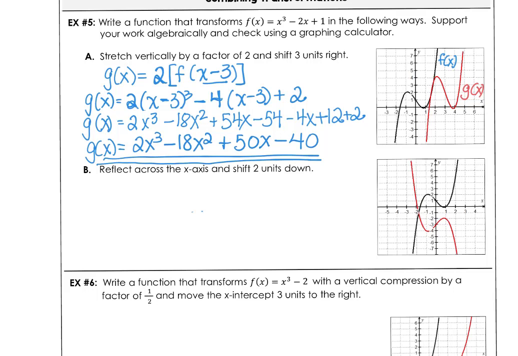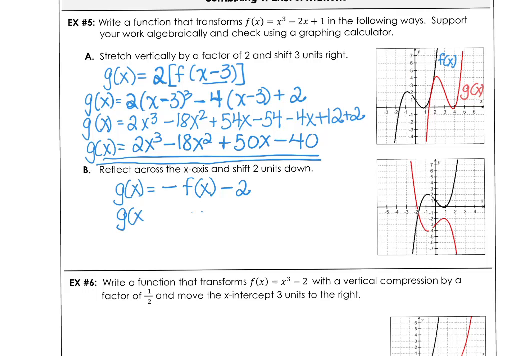In part B, we want to reflect across the x-axis and shift the parent 2 units down. So to get g of x reflected across the x-axis, we're going to multiply the f of x times negative 1, and shifting 2 units down, that would be subtracting 2.